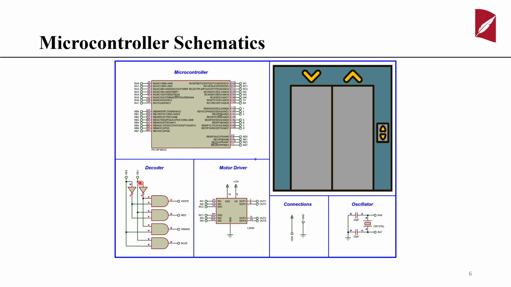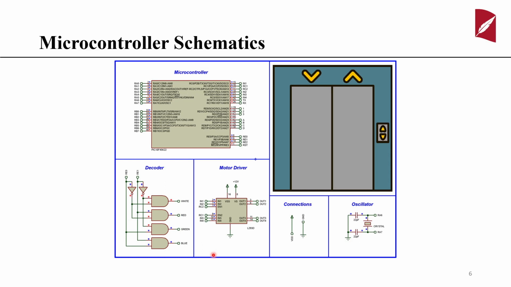And there is a motor driver, which is used to model elevator's motor driving side. This L293D driver can change the direction and speed of motors. To change speed of motors, we are applying different duty cycles of PWM signal.